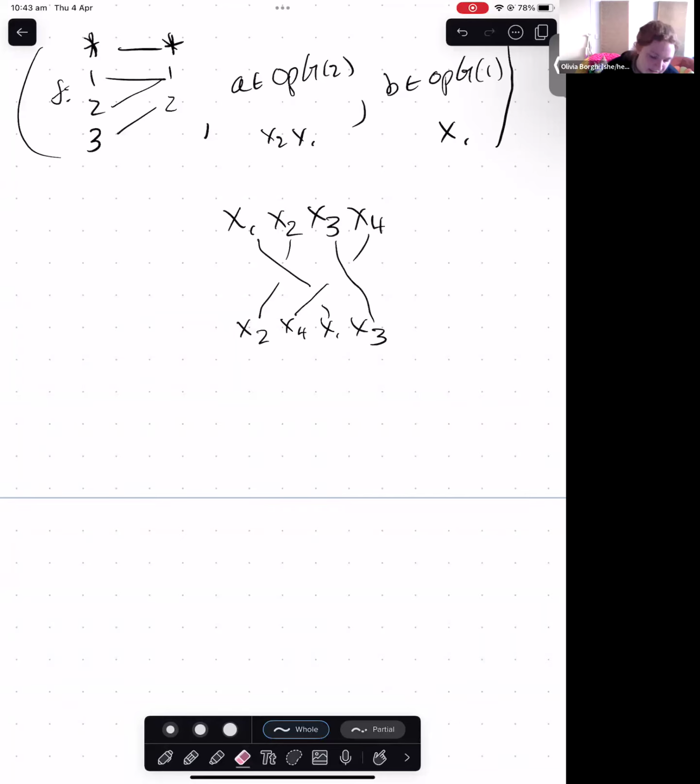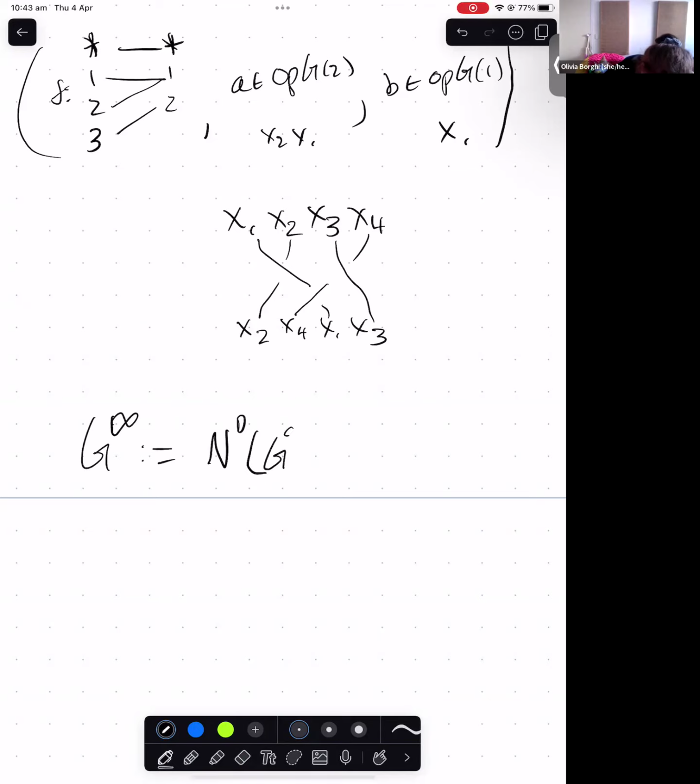So what I'm going to do is take something called the Duskin nerve, and I'll explain a bit about that in a second, of G groupoid. So the Duskin nerve of G groupoid. And I'm going to call this G infinity. And this is going to be my action infinity operad.